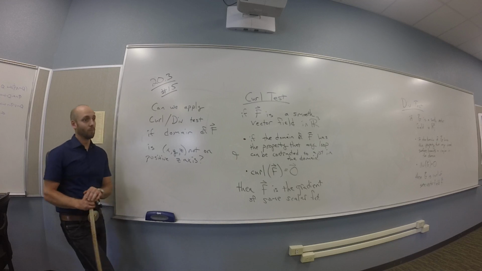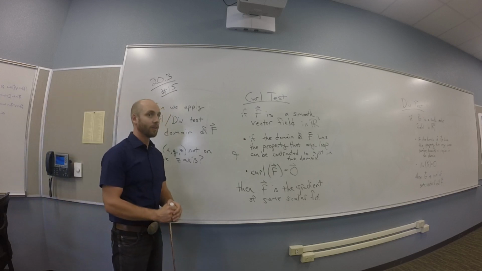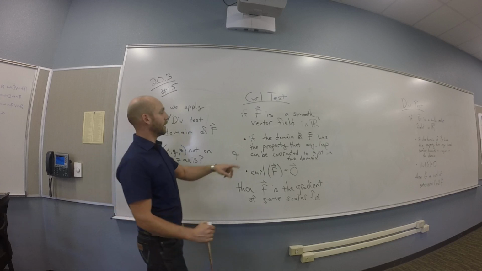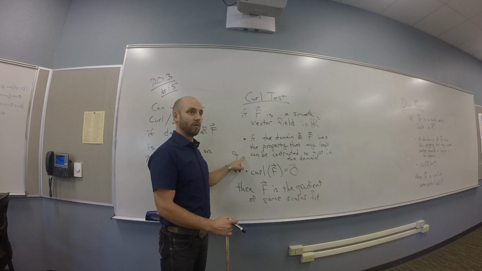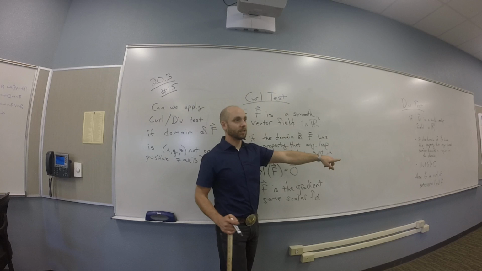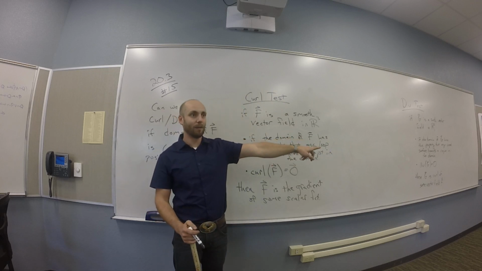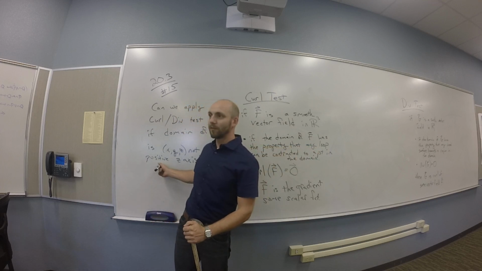So what I'm wondering is, can I ensnare the problems with, in the curl test case, a loop, and in the divergence test case, a surface? So get out your rubber band and your saran wrap, and then try to draw your problem set.